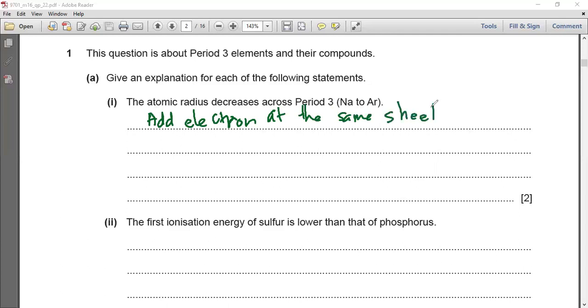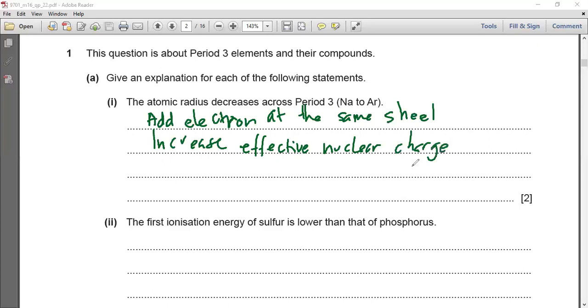If we keep adding electrons at the same shell, it will increase the effective nuclear charge.